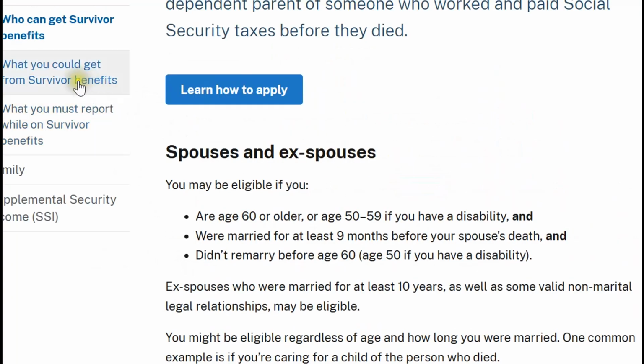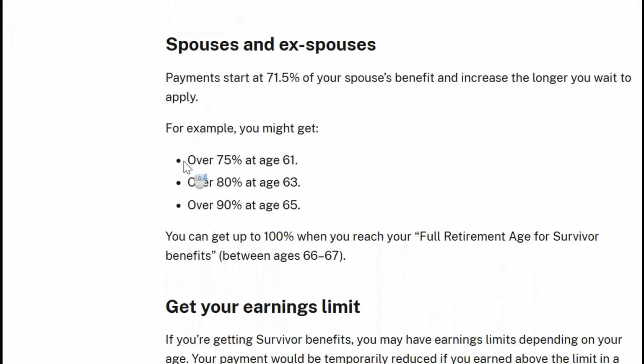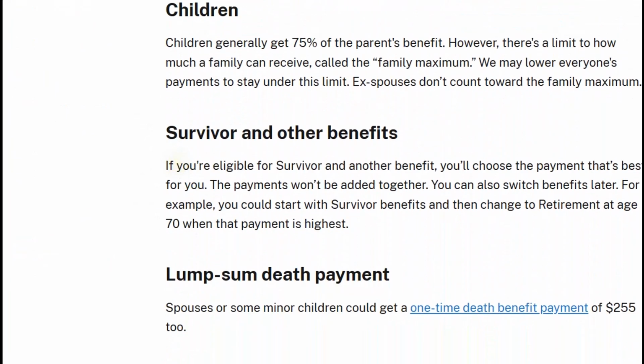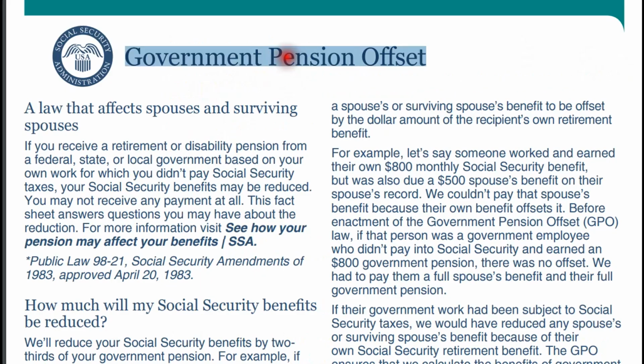And now let's talk about how survivor benefits might be reduced. So ideally, you will get up to 100% of the deceased person's benefit, but here are at least three of the most common examples people might see reductions. One is, again, claiming before that full retirement age for survivor benefits. Might be different from your retirement FRA. Another example is if you got a pension from a job that did not pay into Social Security, maybe you were a teacher or something in a local government, then the government pension offset, or GPO, may apply here.